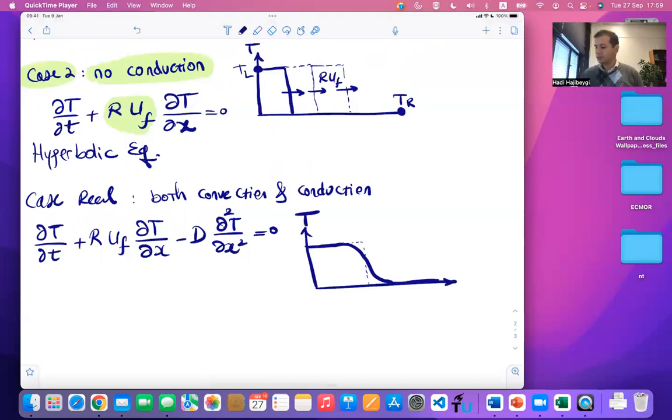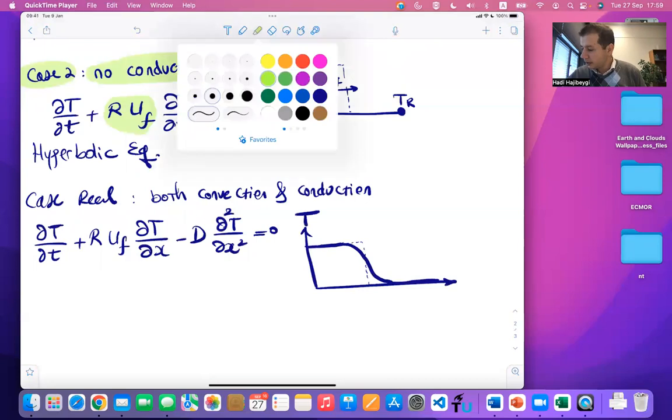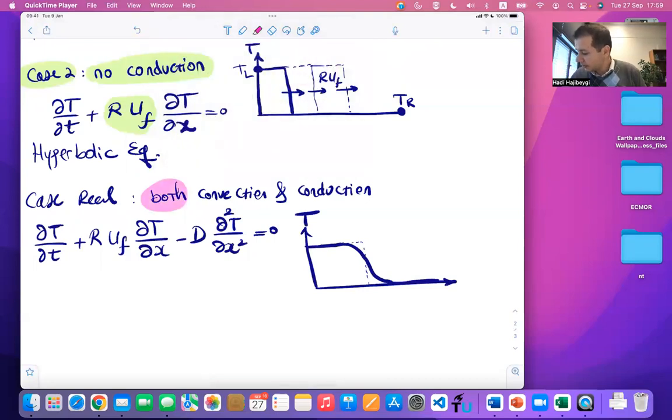That's your temperature distribution when you have both of them. When you have both convection and conduction in place, you have a smeared out profile because of conduction, and you have a drop, a front that is traveling, and that's because of convection.